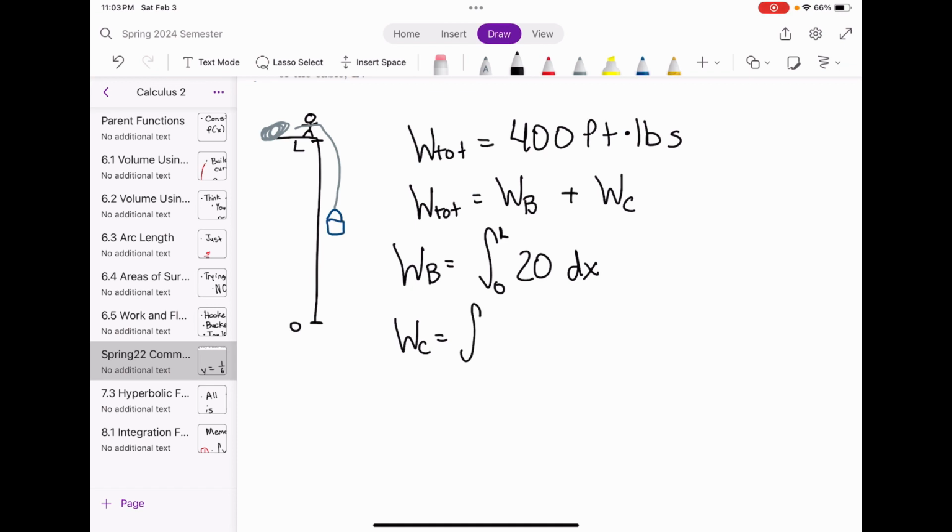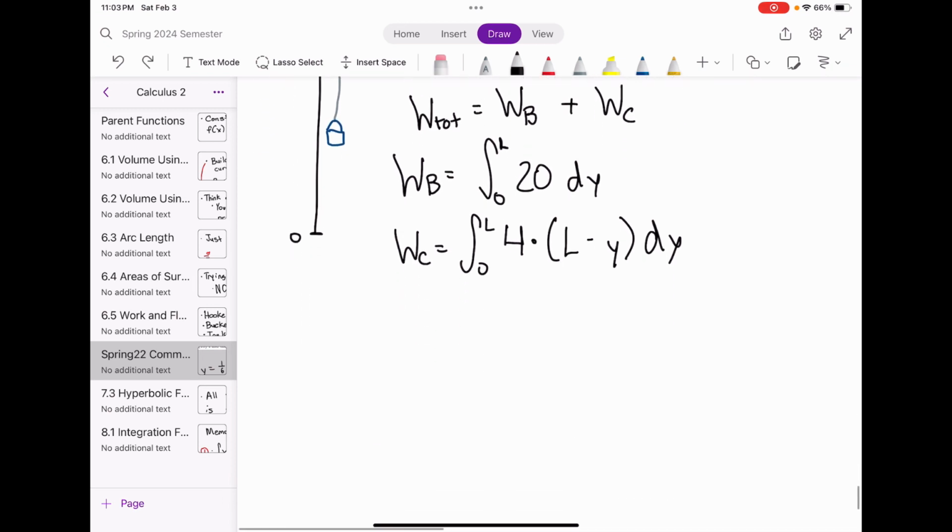So that's important. From 0 to L, we're still going to put the density of it, right? So 4 times, and then we're going to put the remaining distance, which is L minus y, dy. Oh, shoot, this is also dy, by the way, because it's up, down, it has to be in dy.